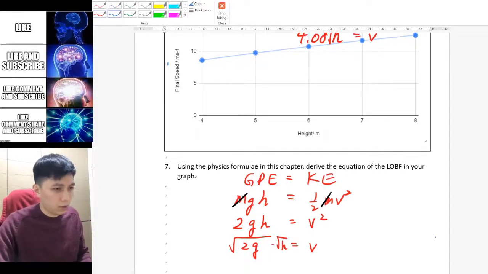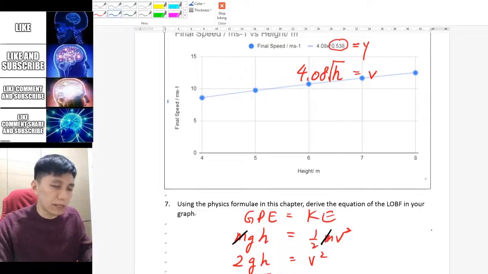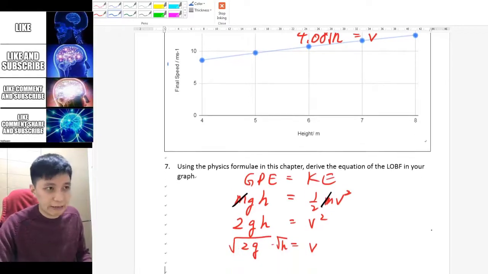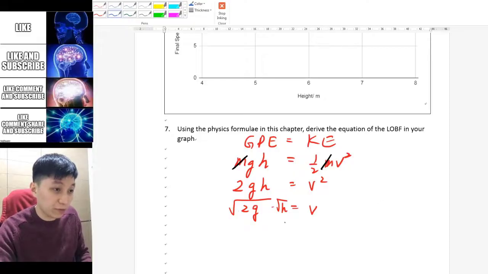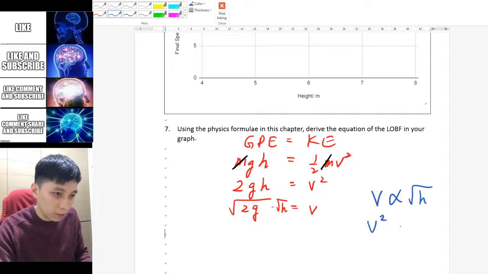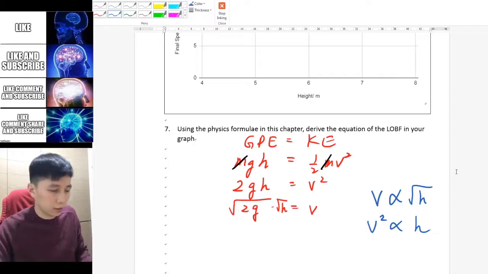And so this would match with what we get from the line of best fit in the simulation data, and also explain the relationship between v and h. You can say either v proportional to root h or v squared proportional to h. Both are the same.